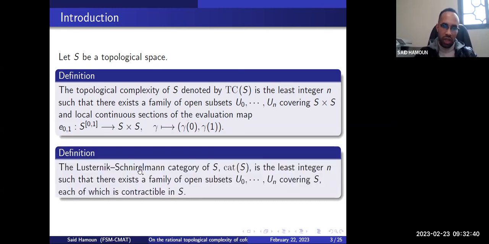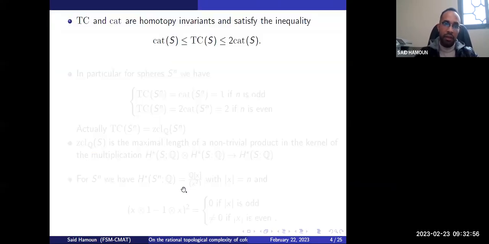While Lusternik-Schnirelmann category of S, denoted by cat of S, is the least integer n such that S can be covered by n plus 1 open subsets U0 up to Un, each of which is contractible in S. Note that TC and cat are both homotopy invariants.